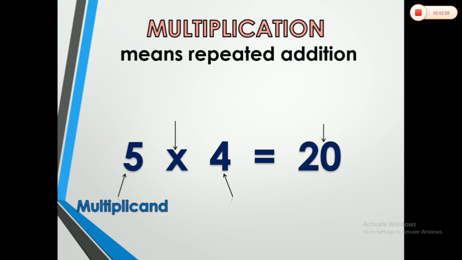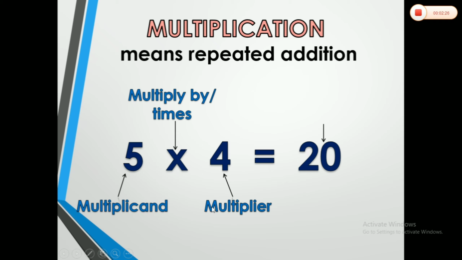So the first one is what we call multiplicand. The symbol that we are using in multiplication is what we call multiply by or times. Now the second number is what we call multiplier, and the last one is what we call product.